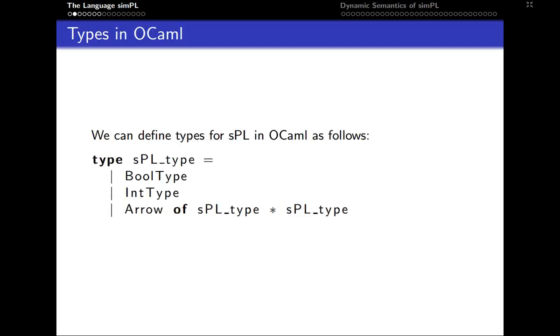So, at the level of OCaml, right, last time we introduced the abstract syntax tree for expressions. We also need to add an abstract syntax tree component for types. All right, and it's a very simple type. Now, you may think that this notation is magic.